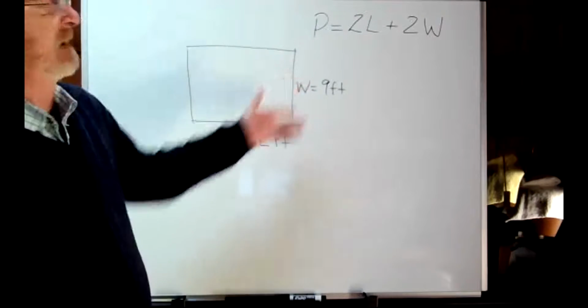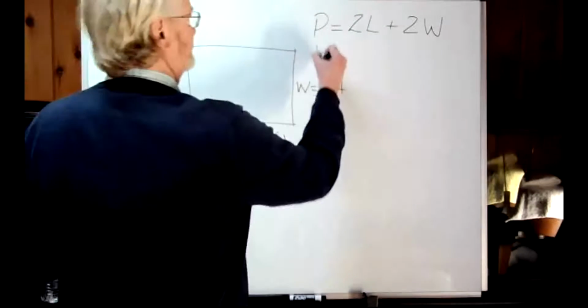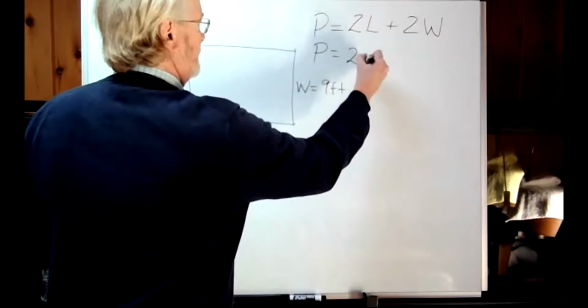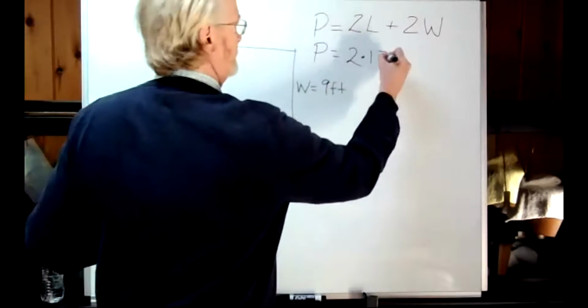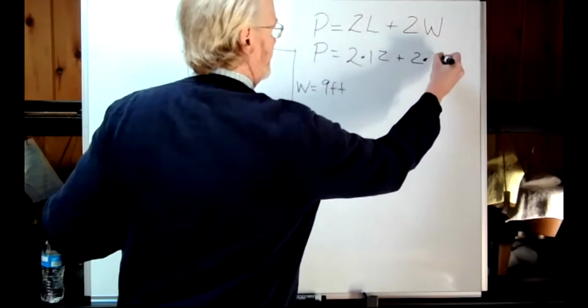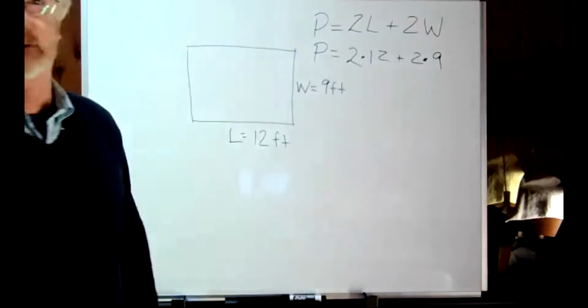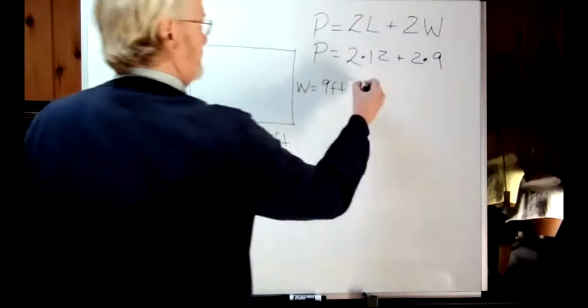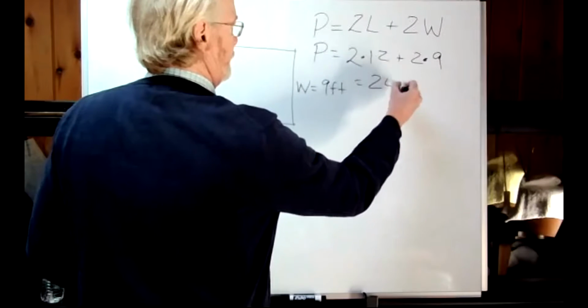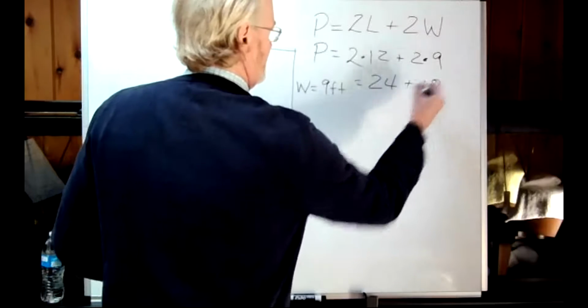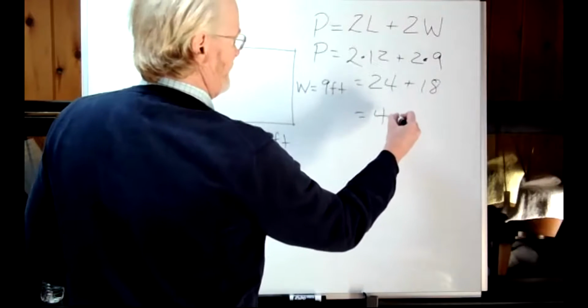So simply plugging these values in. Twice the length, twice the width, and multiply it out, add them together. 24 plus 18. I think that gets me to what, 42?